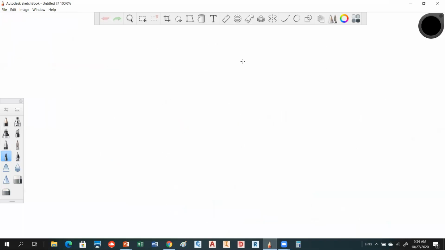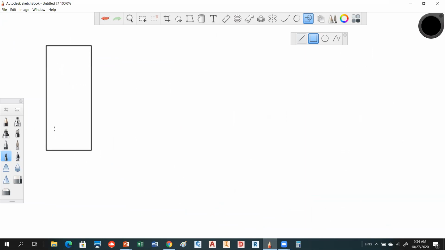So we have a concrete column that we're going to load, and this concrete column has rebars in it. I'm going to put this concrete column right here, and I've got rebars in it. On the side, you're going to see two rebars.